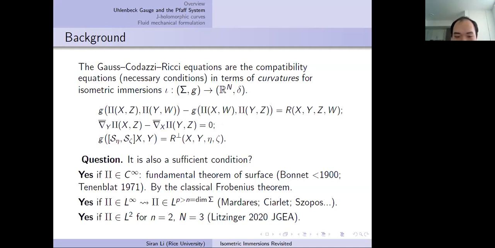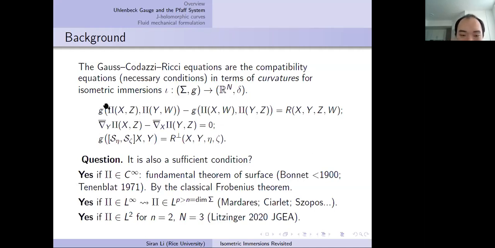Roughly what they need is the metric G to be in W^{1,p} for p greater than n, and then by Nash embedding, everything will work nicely. And in the recent paper by Litzinger, he actually got to the sharp critical exponent L2 in the case that we're embedding two-surfaces into R3.